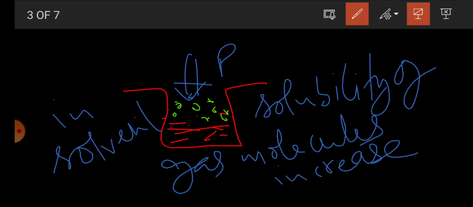So this is the main factor responsible for the solubility of gas in liquid solvent.